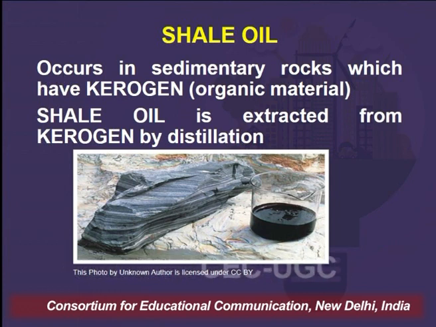Shale oil is then extracted from kerogen by distillation. So, since the name of the rock is shale, the name of the oil is also shale oil, although the extraction is done from kerogen, which is the organic material present in shale.